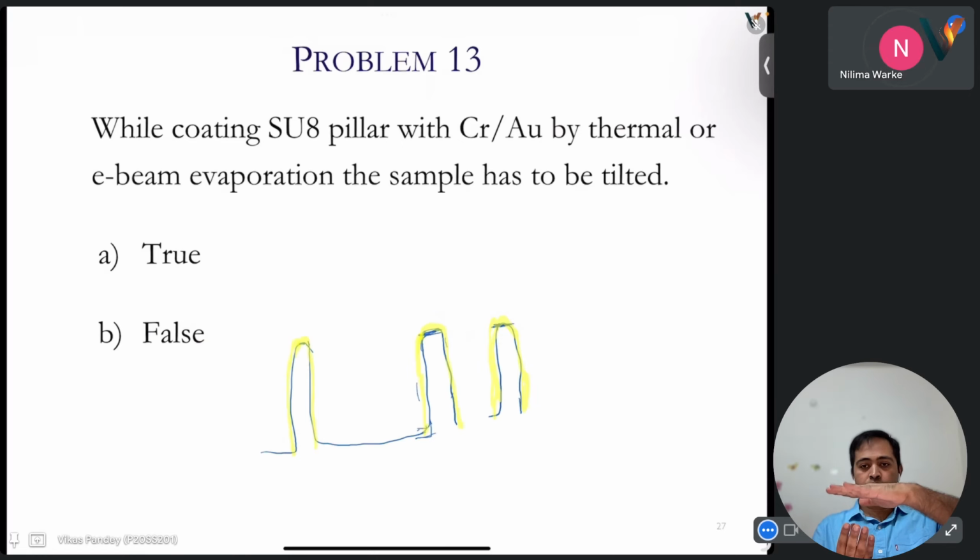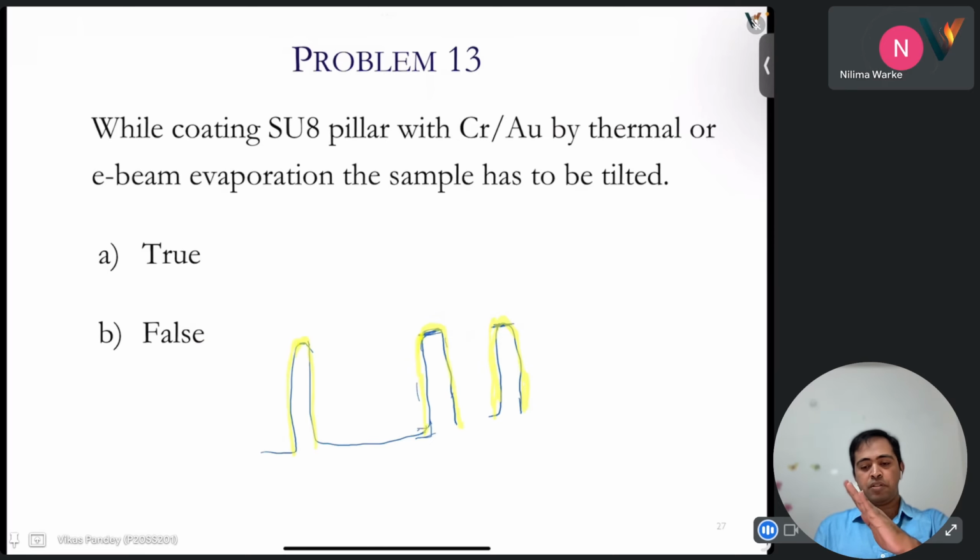This sample is actually moved around so that we have uniform coverage. In this case, this simple setup will not work. What you will have to do is tilt it like this.